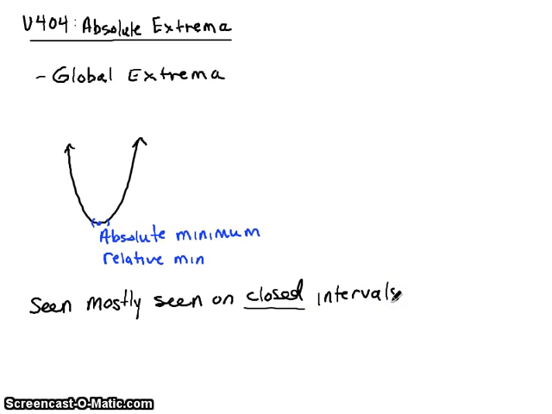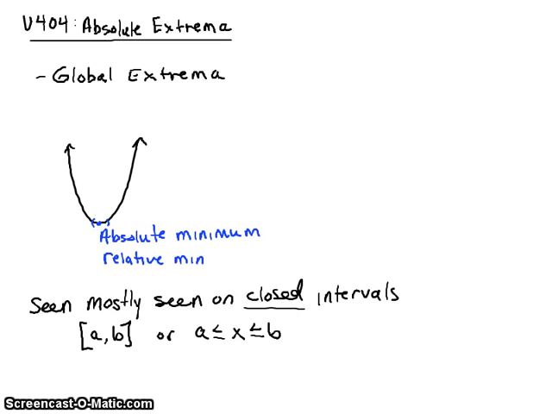The two ways that you'll see that is you'll see it either with brackets, the interval from A to B, or they'll say A is less than or equal to x is less than or equal to B. So something that tells us we can actually be at those endpoints on our interval, that's going to be the giveaway that we need to be using our global or absolute extreme values.